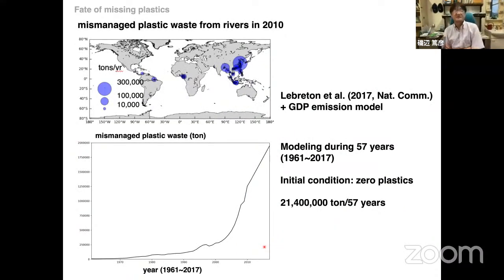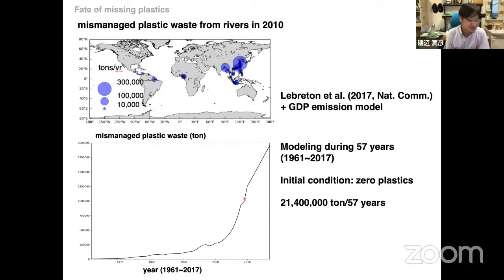Okay, this view shows the emission of the microplastic. The model starts from the release of microplastic from big rivers over the world ocean. We use the Lebreton data set, published in Nature Communications in 2017. It provides the amount of mismanaged plastic waste from each river over the world ocean in 2010.